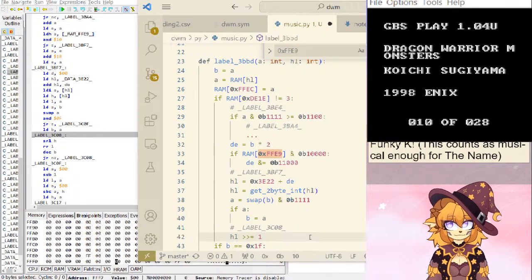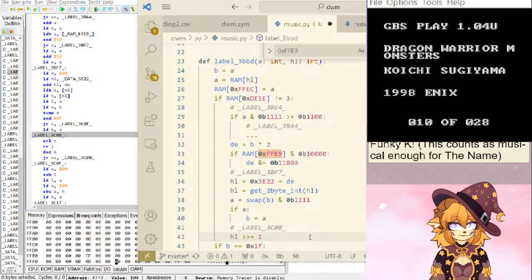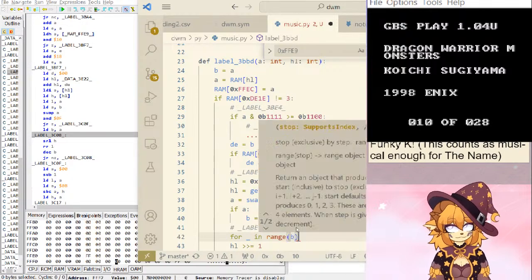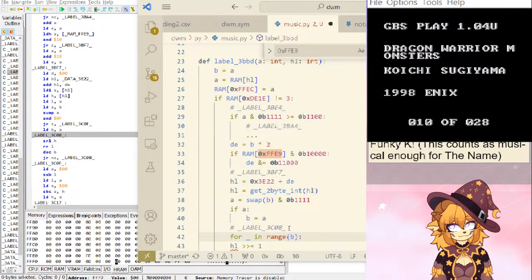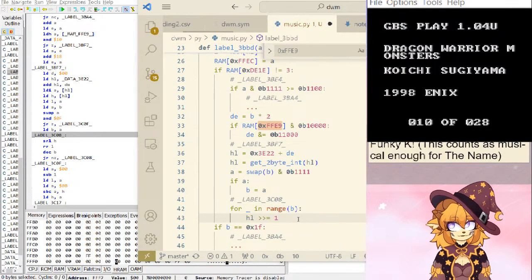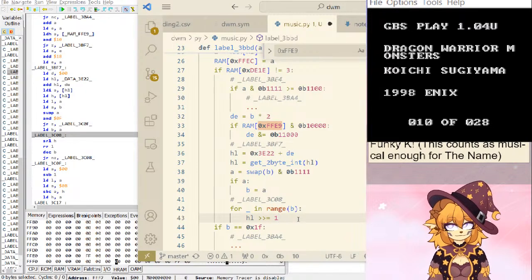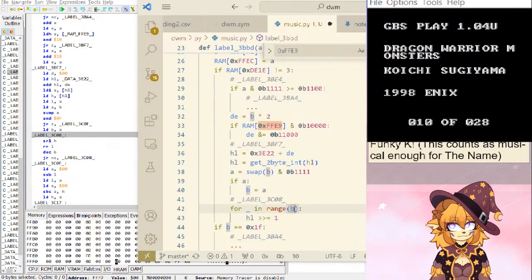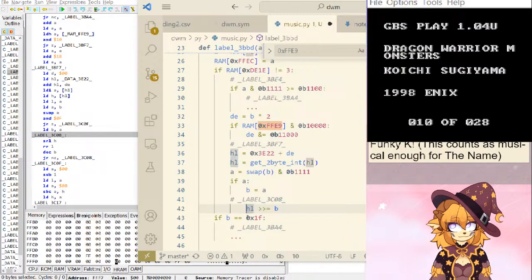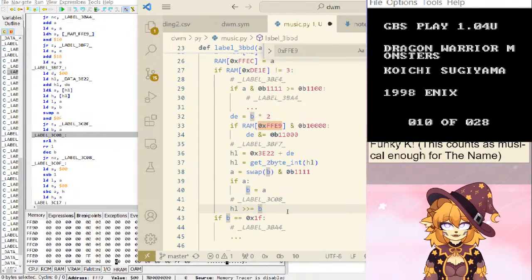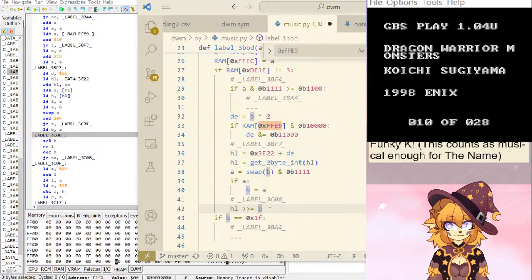That's what's happening. Oh, that's a loop. So we don't need to do that. We can just say like that. Simplify it a lot.